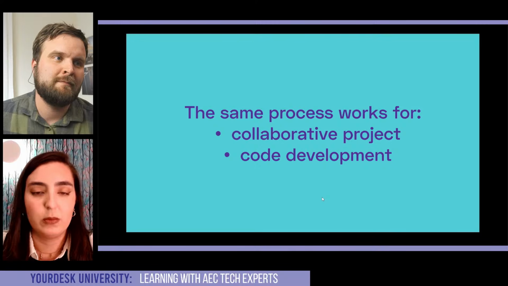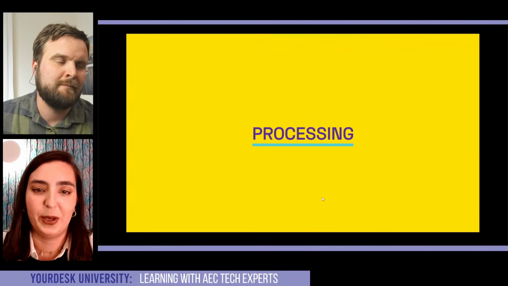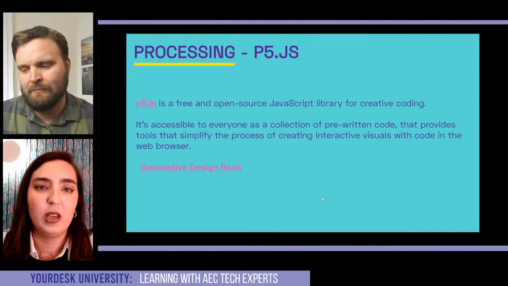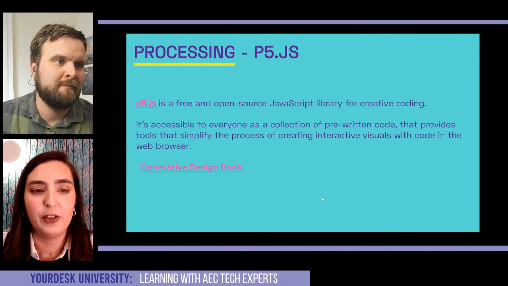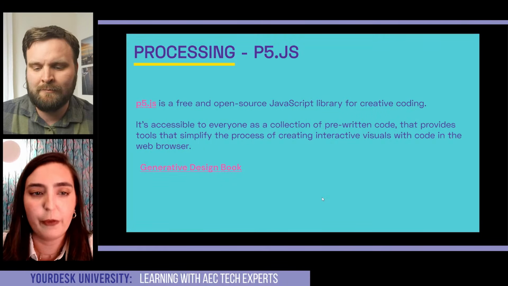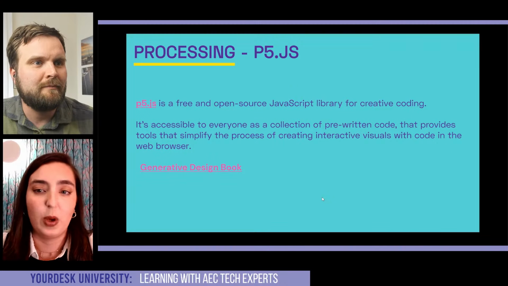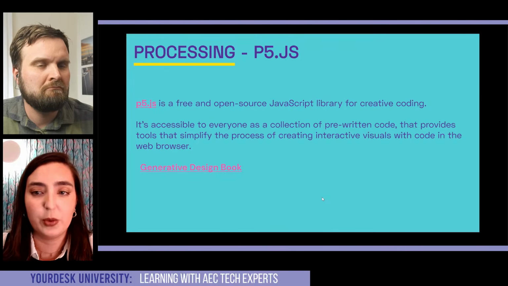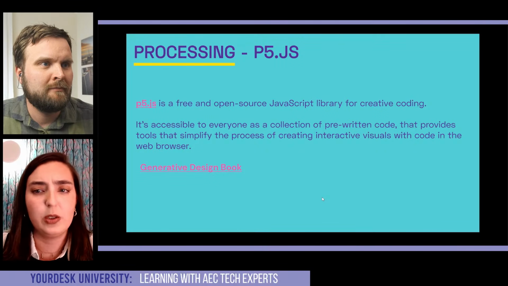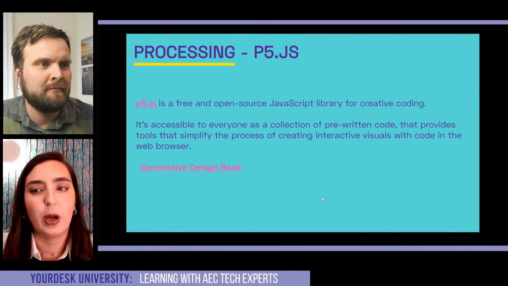So what's Processing before we get into it? Processing, in this case specifically P5.js, is a free and open source JavaScript library for creative coding. That means it's accessible for everyone. It's web-based, so it's really accessible to anyone. And it's pretty easy to understand if you have some kind of background in coding.